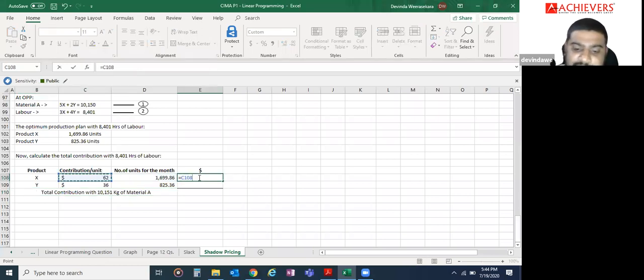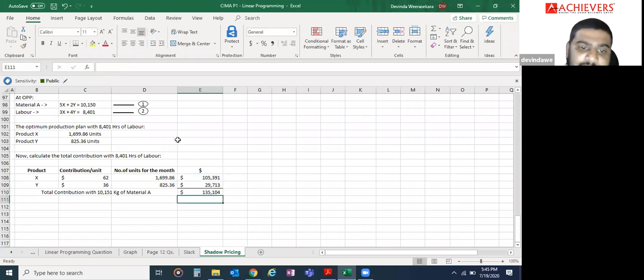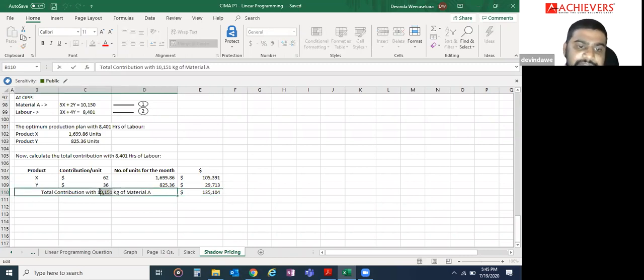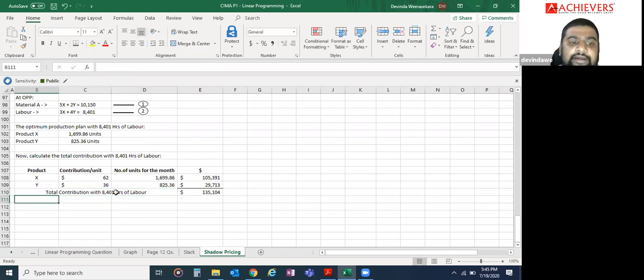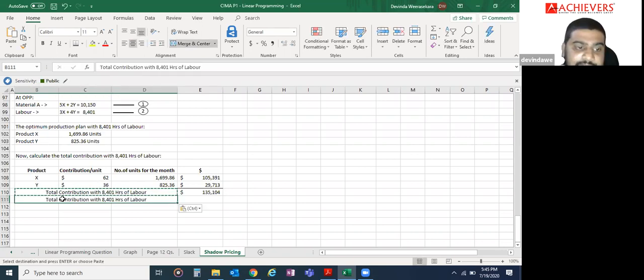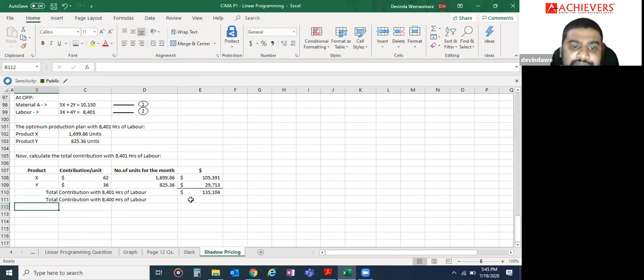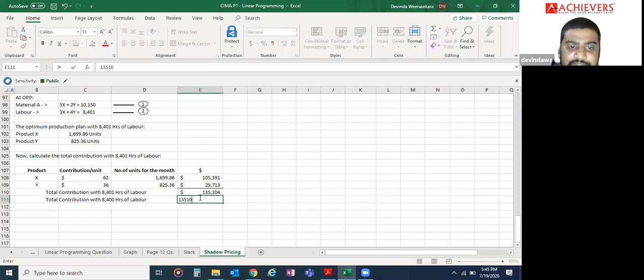So contribution from X is 62 into number of units, Y is 36 into number of units. So total contribution now is 135,104. So the total contribution with 8,401 hours of labor is 135,104. The original contribution with 8,400 hours of labor was 135,100. Clear?